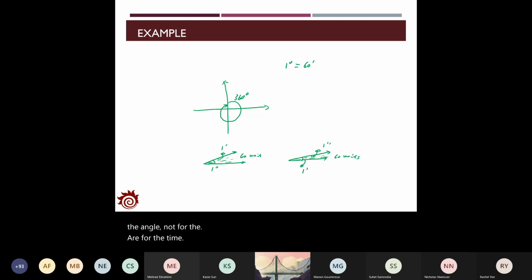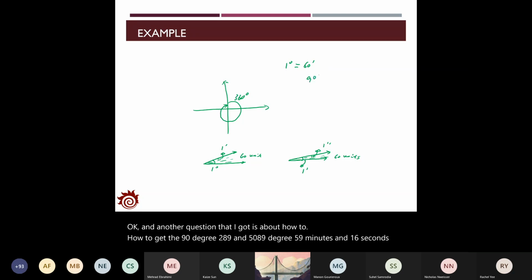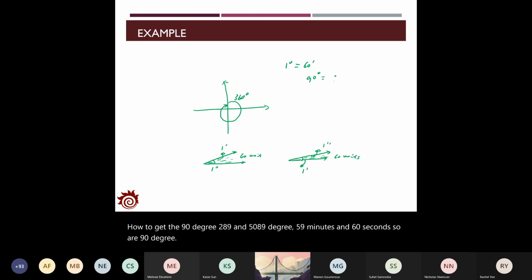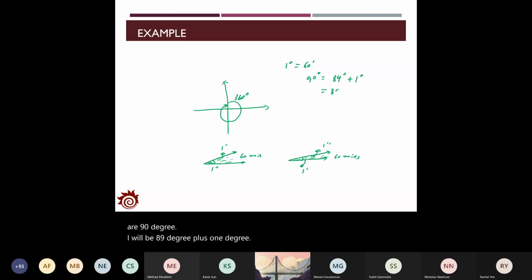Okay, another question that I got is about how to get 90 degrees to 89 degrees, 59 minutes and 60 seconds. So 90 degrees will be 89 degrees plus 1 degree, and 1 degree will be 60 minutes.